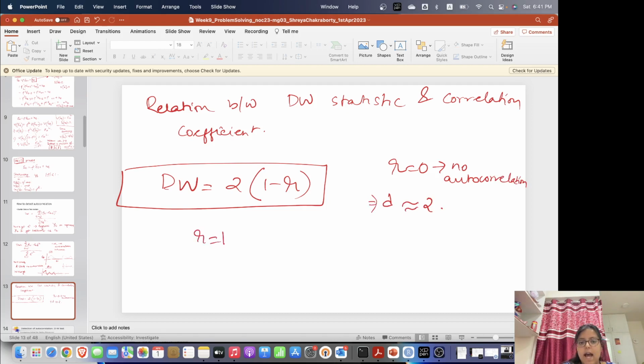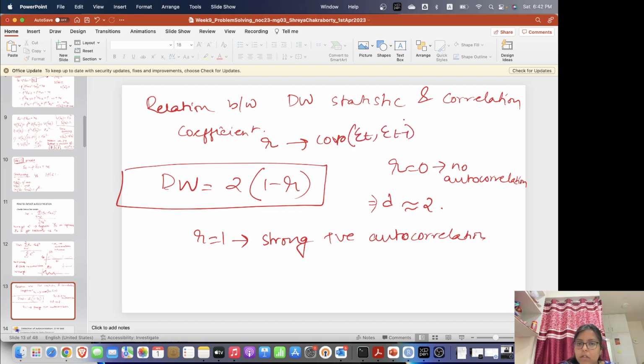Let's say r is 1, this is strong positive autocorrelation. And this r I am talking about is the correlation between this one and this one, or rather the correlation between the errors or residuals.